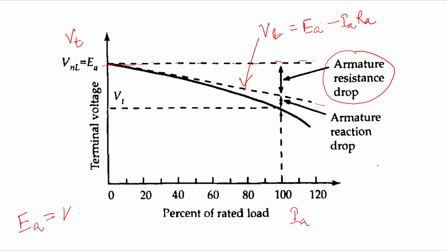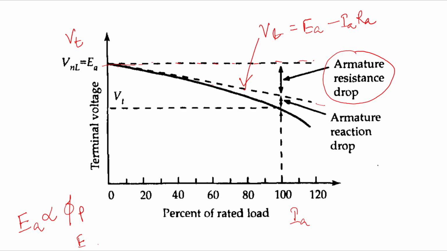Ea, we know, is a function of phi. I can write Ea is a function of phi p. Now because of the armature reaction, this phi p will change, right?